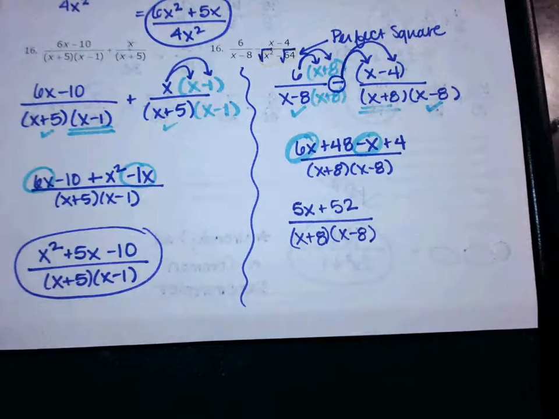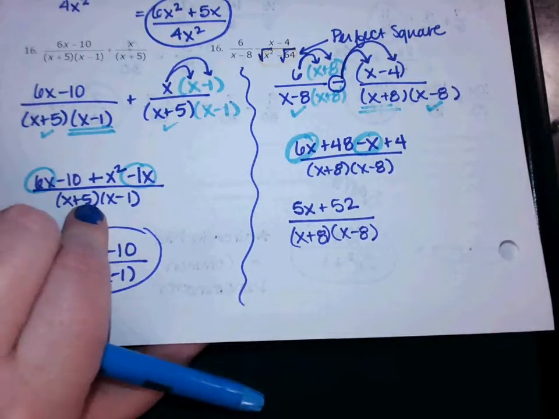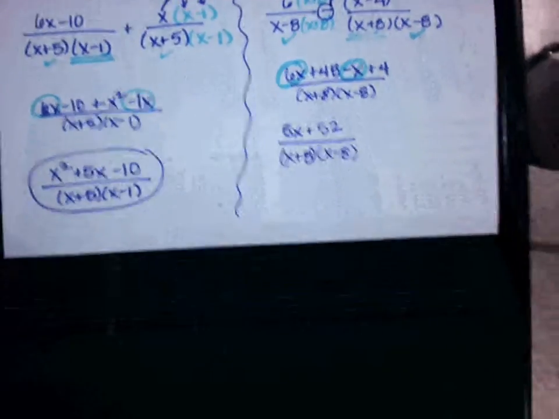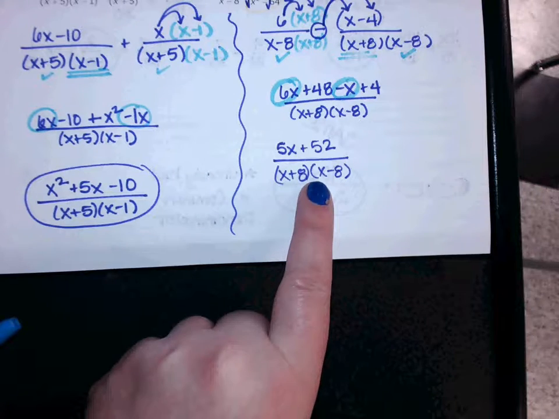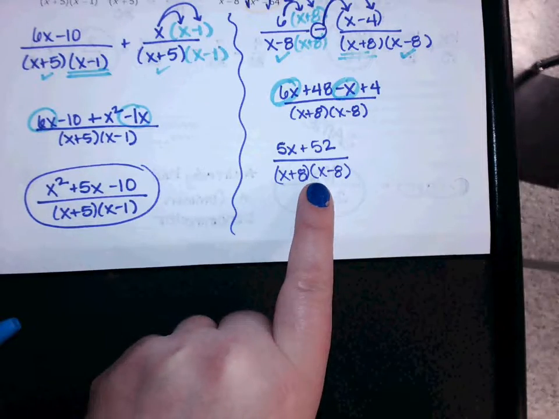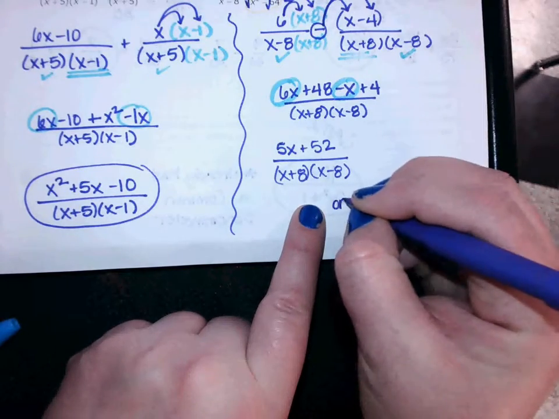Okay, now just in prepping you for the SAT, PSAT, that kind of stuff, how else could they have written the bottom? They could keep it broken down, but could they also put it back together into x squared minus 64? Sure, they could. So I'm going to put an or on this one.